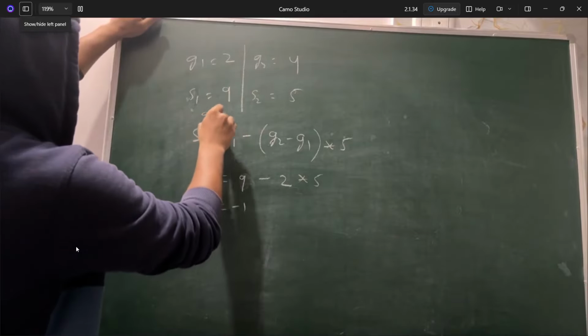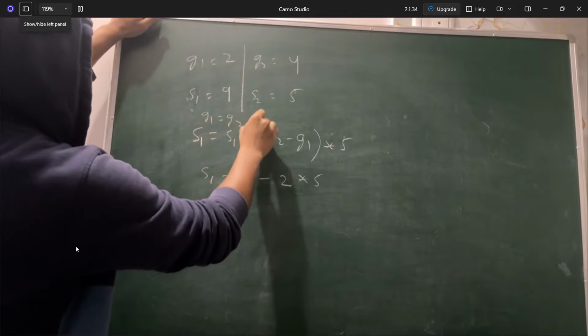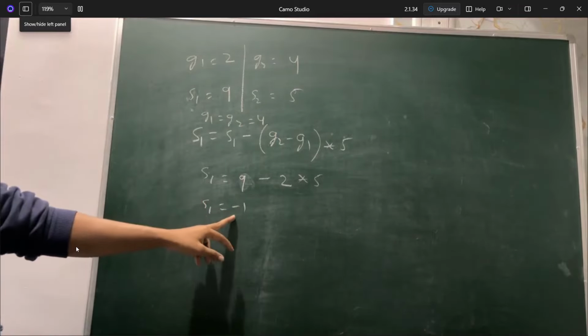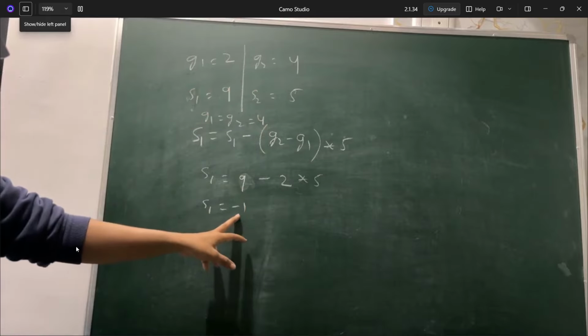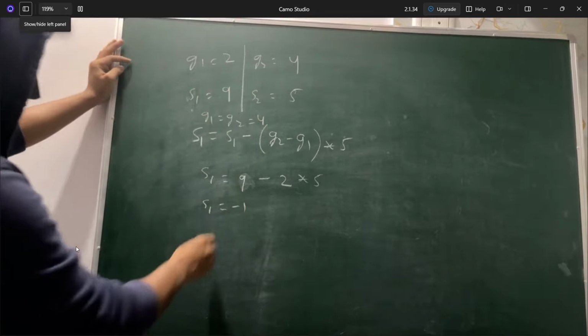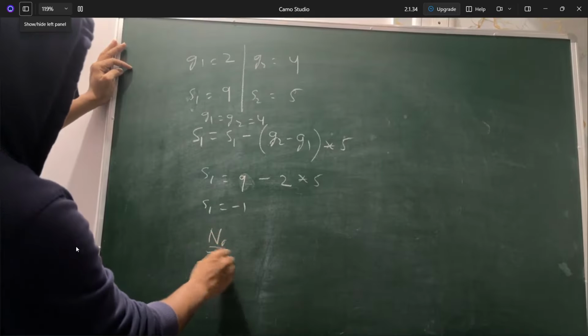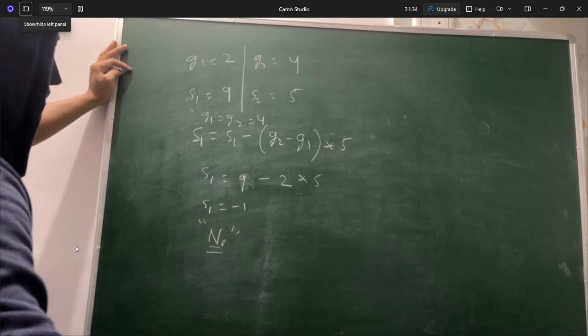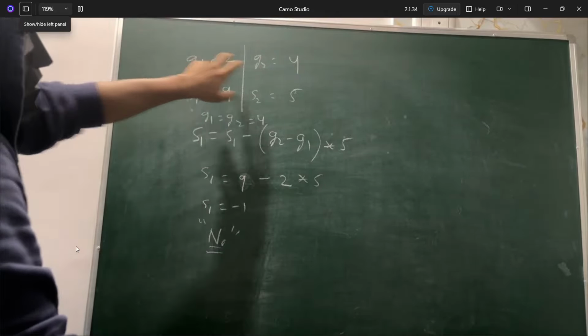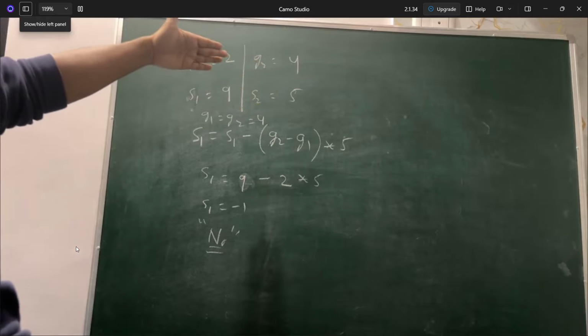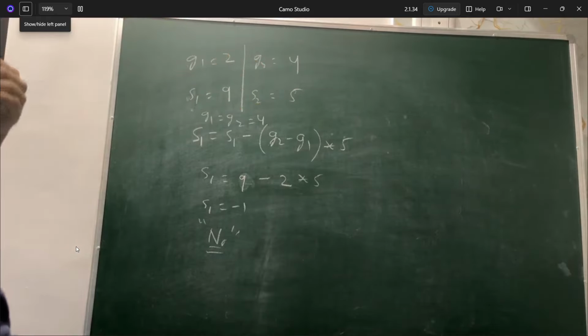So g1 equals g2 equals 4 now, but your silver coin went to minus 1. In making the gold coin equivalent, your silver coin went negative, which means in this case you are not able to do this. I mean, you will not be able to actually achieve this state wherein your final gold is 4 and silver is 5. So I think you guys got to know.